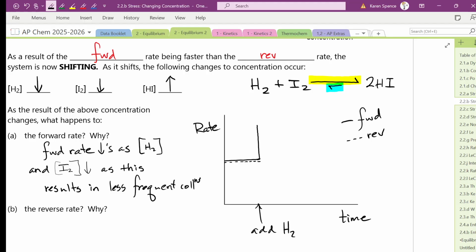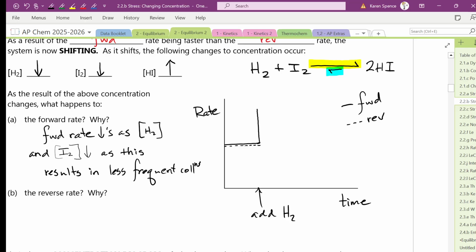That was our stress, but now we're moving on to the shift. During the shift, what is happening to the reverse rate? Reverse rate increases. Tell your partner why. Why, while we're shifting, does the reverse rate increase?